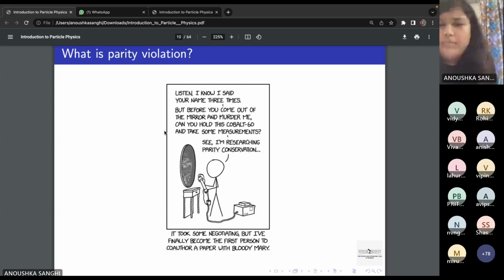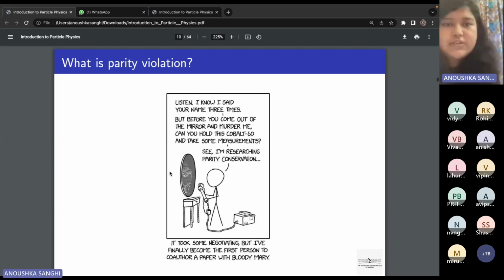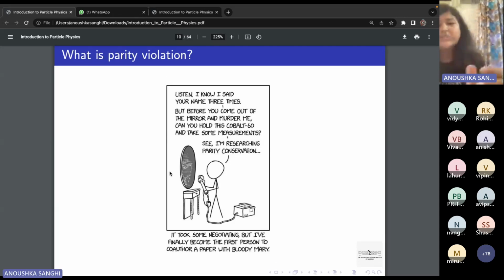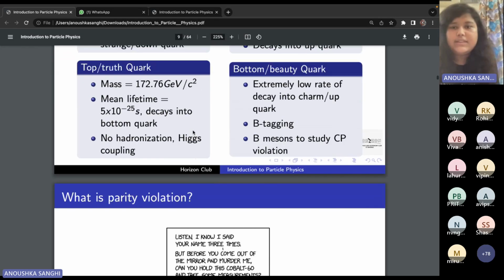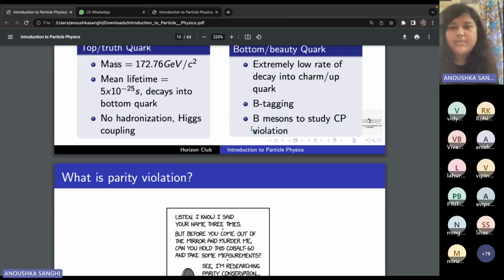So this was a major breakthrough in proving parity violation in beta decay. Mainly this was all about this particular topic, which is parity violation. Also, if I talk about parity, there is something called CP. You might remember this CP.